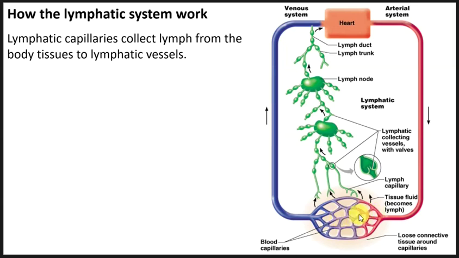When they reach here, these are arterial systems. So these are arteries. Arteries are vessels from the heart that take blood to the body parts. When they reach the organs, they divide into small tubes known as blood capillaries.